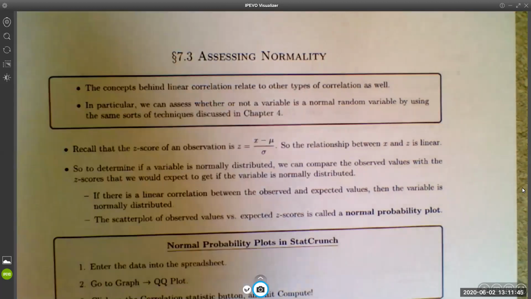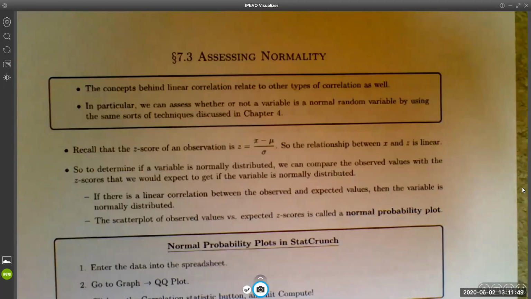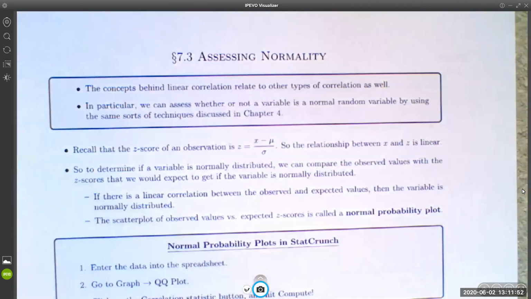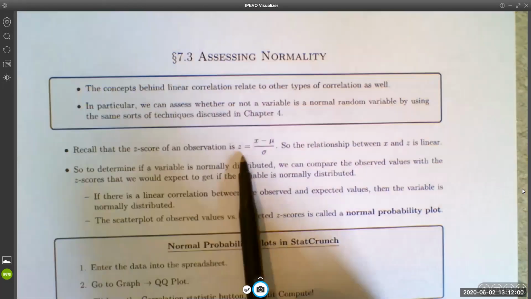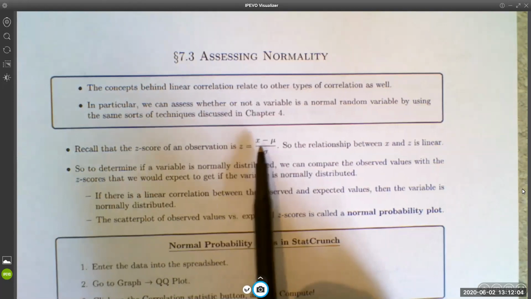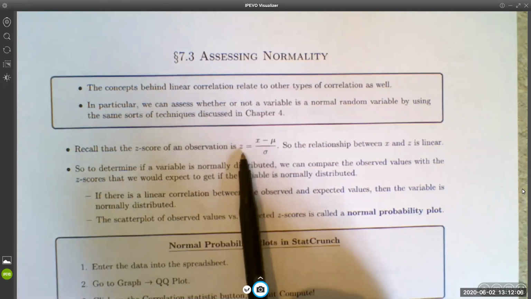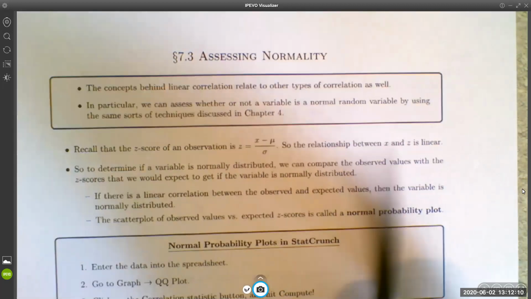We took a little detour into chapter 4 because the methods that we use to determine if something is normally distributed are similar to the methods that we use to determine if there's a linear correlation between two variables. In particular, we look at the z-score. The z-score of an observation and the observation itself have a linear relationship. So the relationship between x and z is linear.